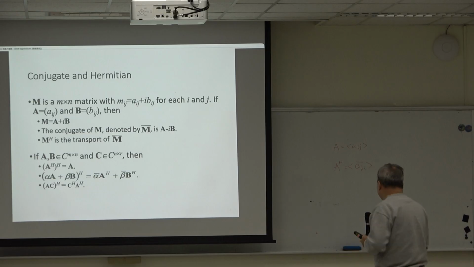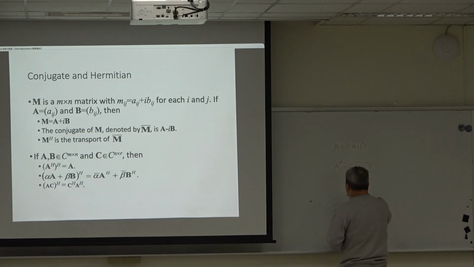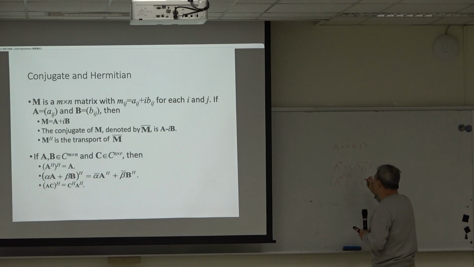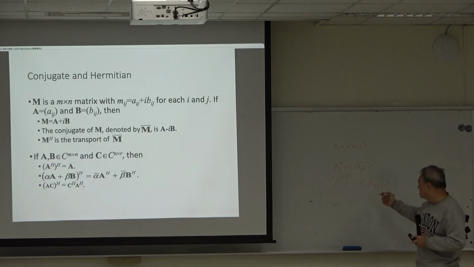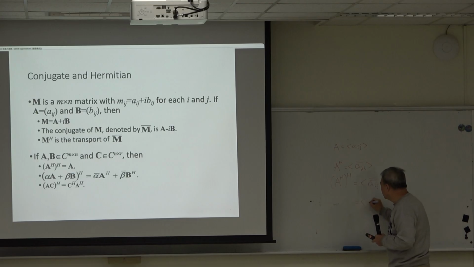And then A Hermitian Hermitian, obviously, we exchange i and j again, and conjugate again, and this one is going to be a_ij.